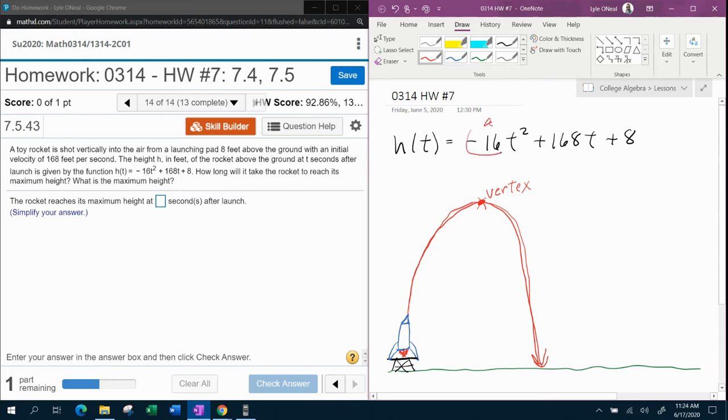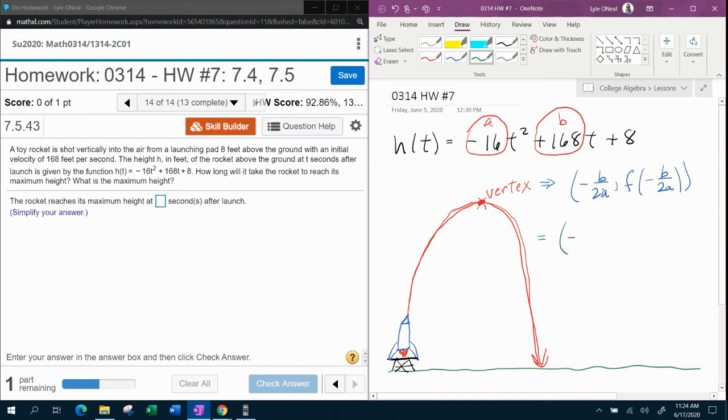We can see that a is negative 16. We can see that b is 168. And we know the formula for the vertex. That's going to be minus b over 2a, f of minus b over 2a. Super easy. All we have to do is plug and play.